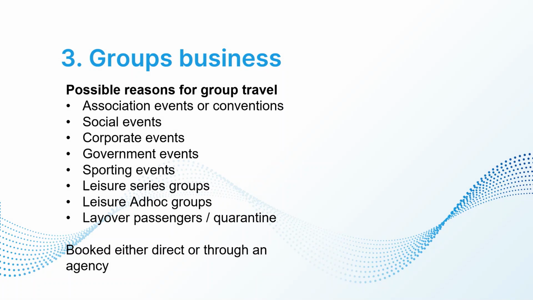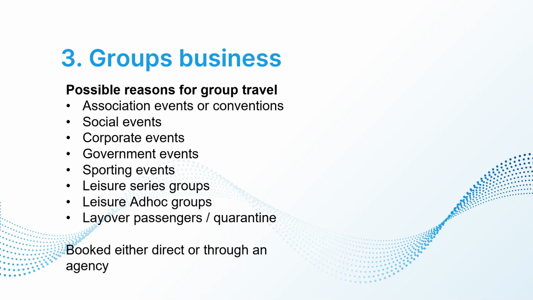Now let's look at groups. Possible reasons for group travel: association events or conventions, social events, corporate events, government events, sporting events, leisure series groups, ad hoc leisure groups, or even things like layover passengers and business for quarantine. They could either book directly or through an agency depending on the complexity of their travel requirement. Now here we change our approach a bit and look at travel reasons to create segments and not the booking medium.